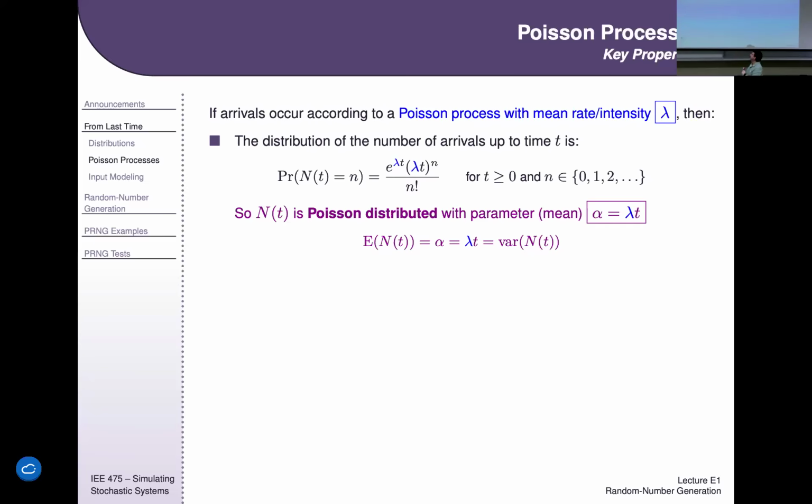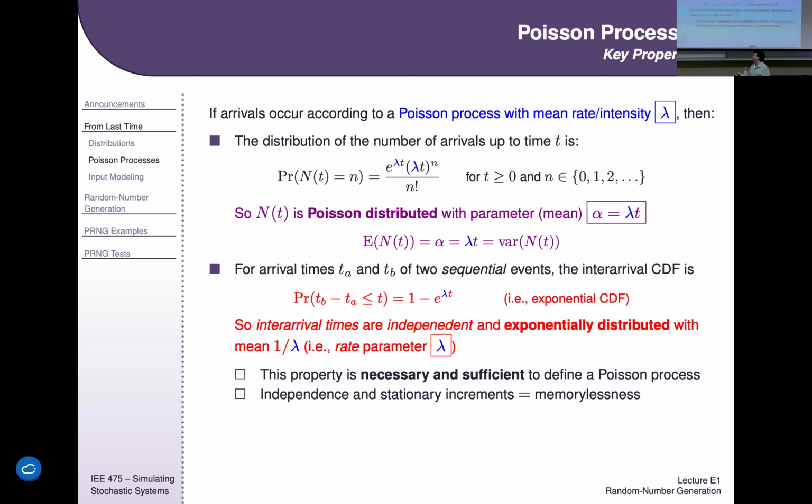The continuous thing we know is that the time in between arrivals is exponentially distributed with that same rate. So for arrival times A and B, where A happens before B, and these are sequential events, there are no other events in between them.